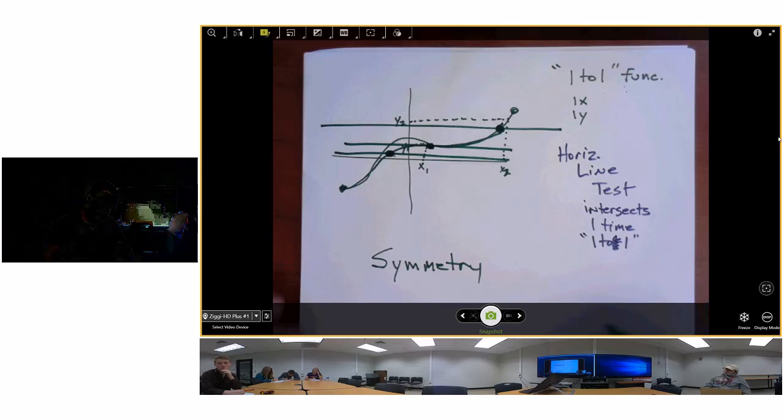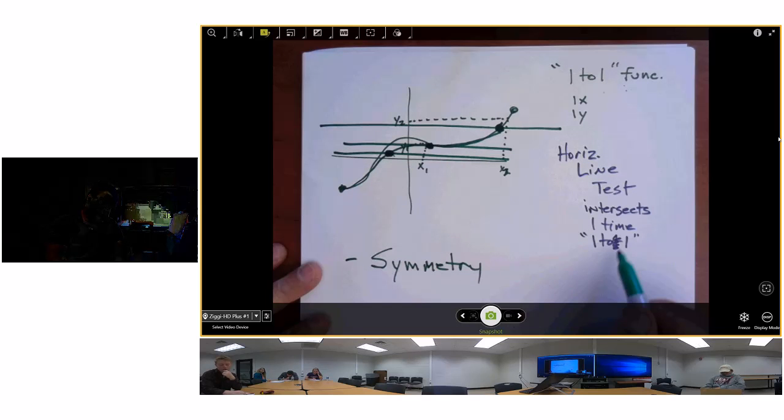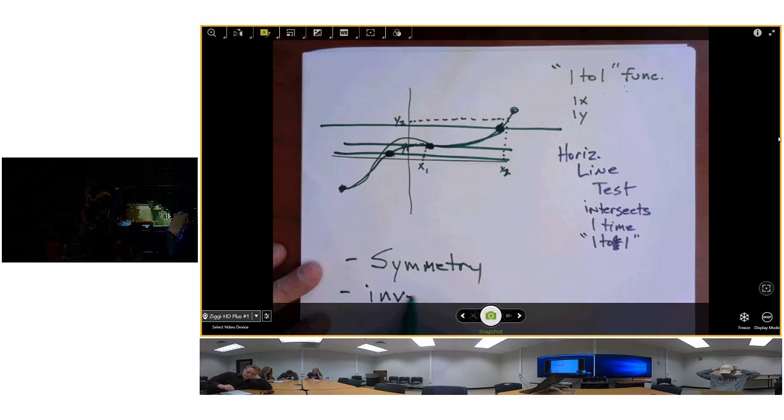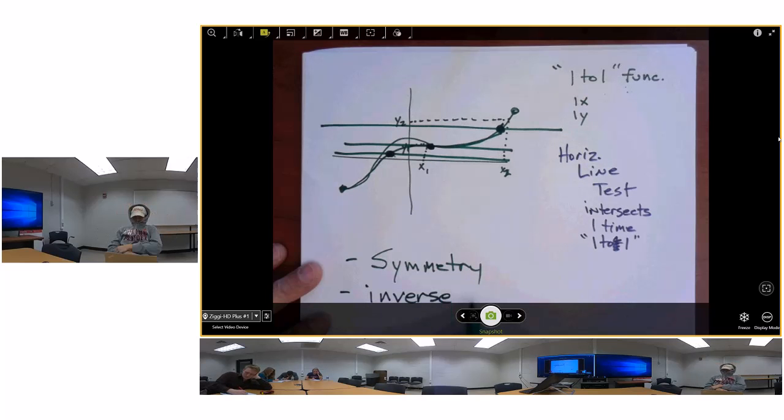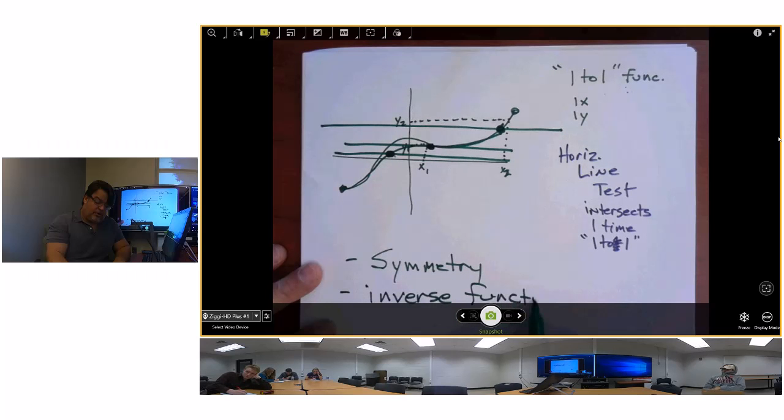Now, another reason we're doing the one-to-one function is also for the inverse function. Yesterday I had to go over inverse functions with my trig class, and I'm also going over inverse functions with this class. So that means both the trig students and you as 109 students are going to see inverse functions next semester in calculus.